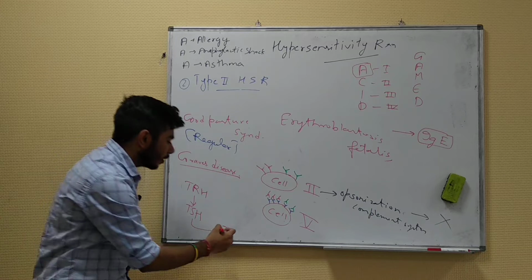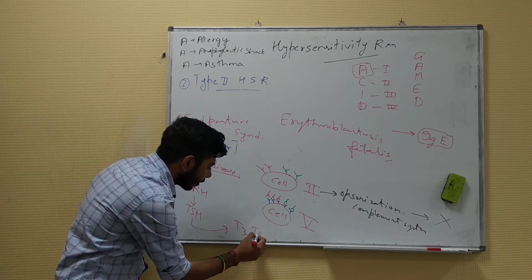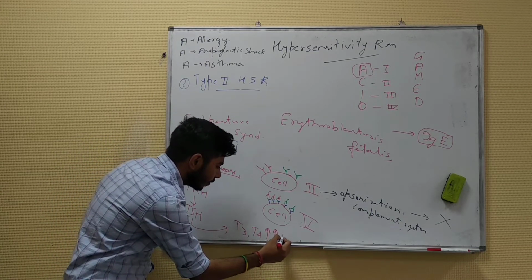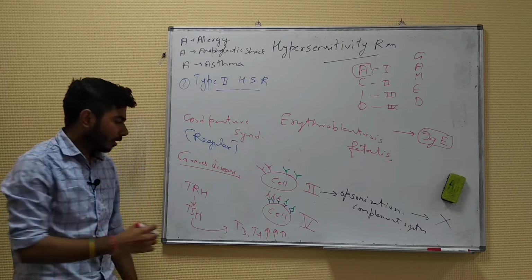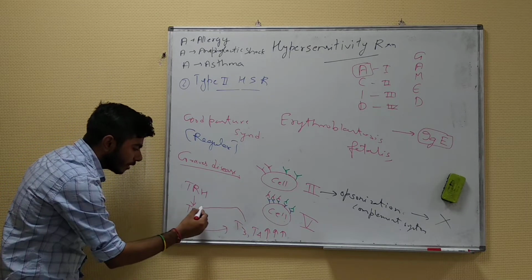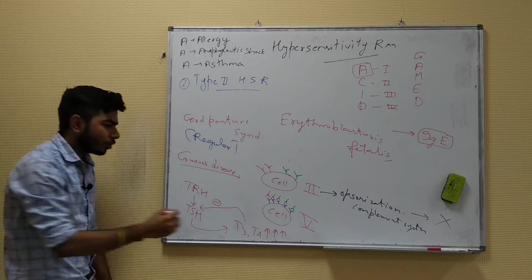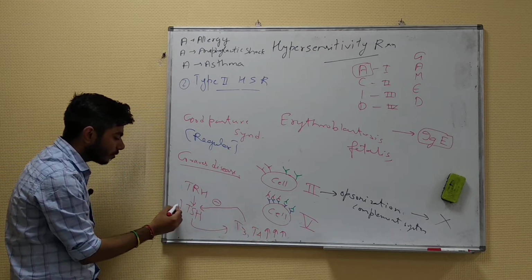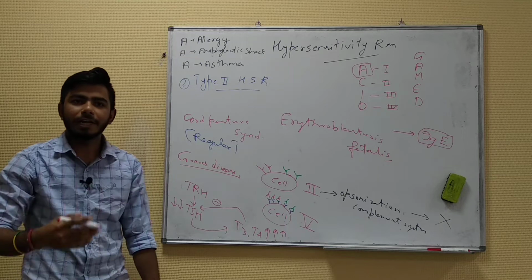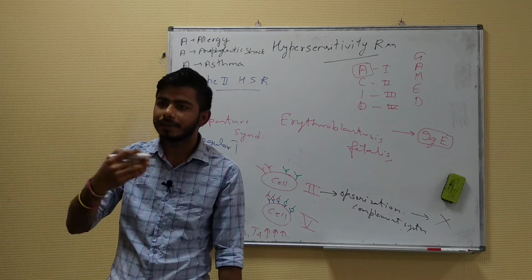If T3 and T4 increase, which happens in Graves' disease, there is a negative feedback loop over the TSH. So if they increase, TSH will decrease, which is the finding in hyperthyroidism or Graves' disease.